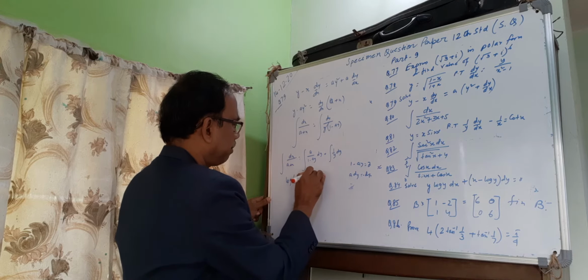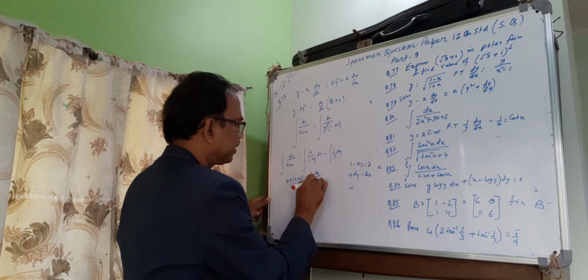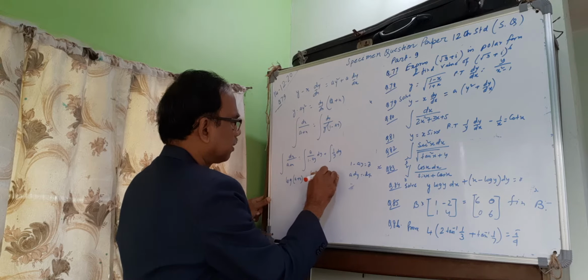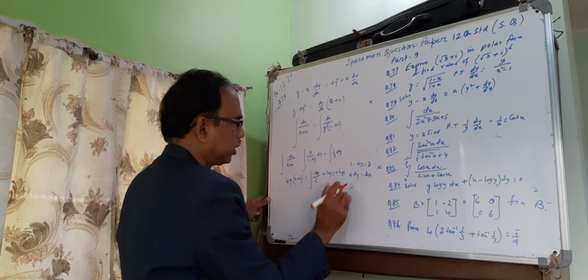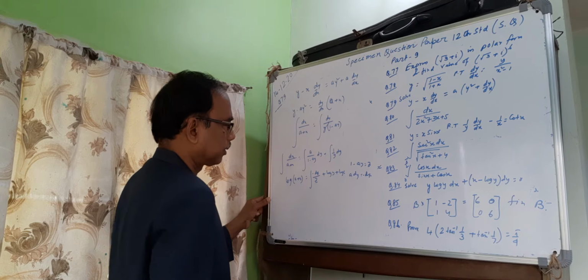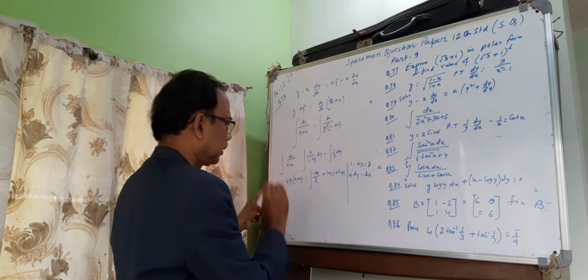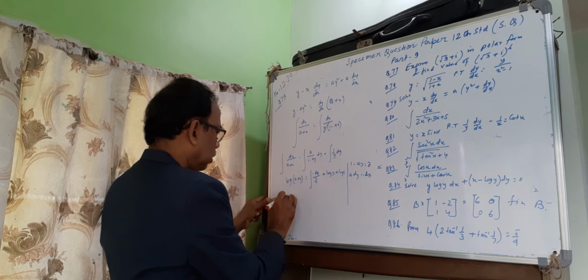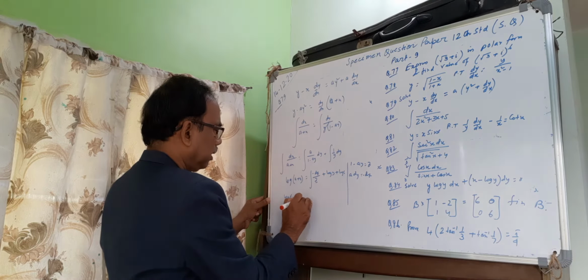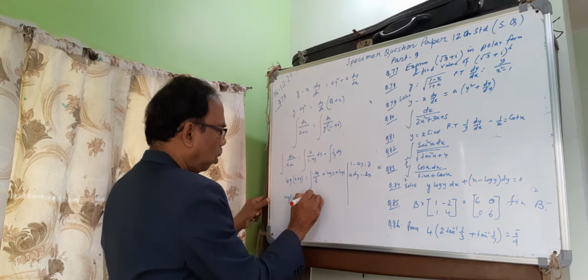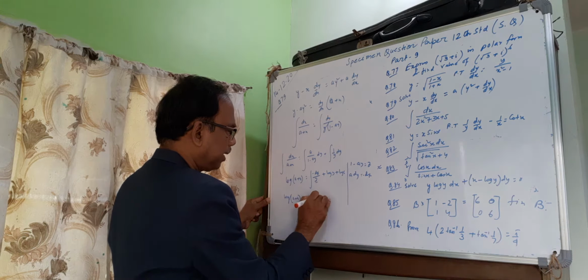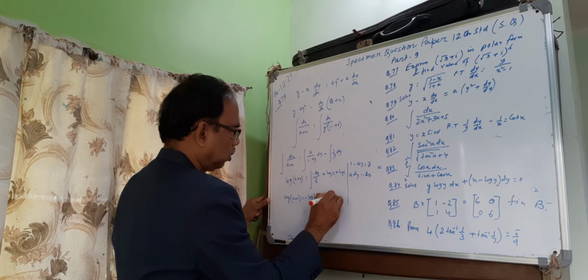We can write here minus dz by z plus log y plus log c. So log (a + x) equals minus log z, where z means 1 − ay, plus log y plus log c.